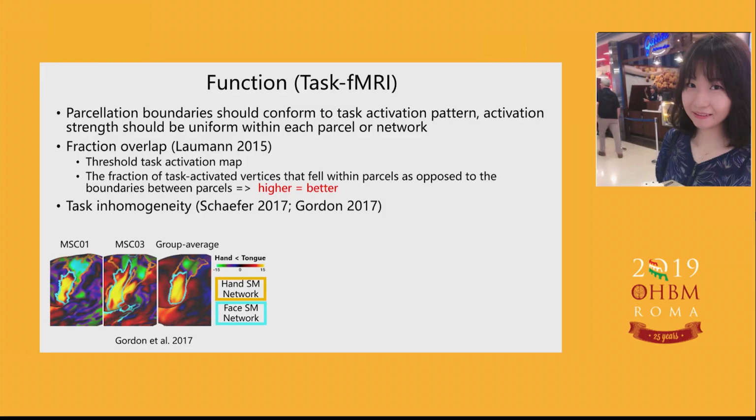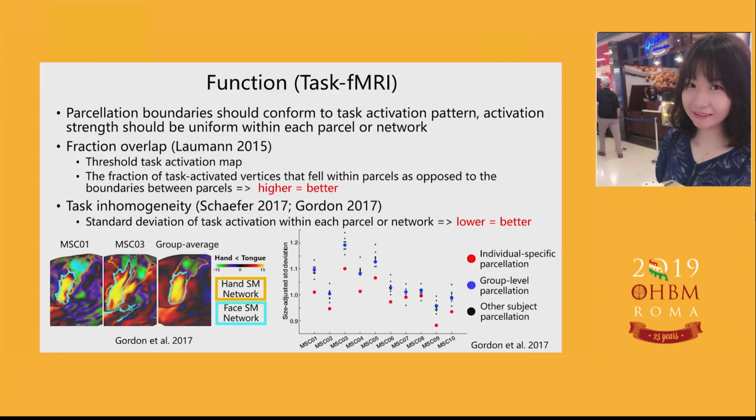To avoid thresholding, there is another way to evaluate the function. It's called task inhomogeneity. The task inhomogeneity is defined as the standard deviation of task activation within each parcel or network. So lower task inhomogeneity means that the task activation strength within a parcel is more uniform. This plot shows the task inhomogeneity of individual specific network level parcellations from the 10 MSC subjects.